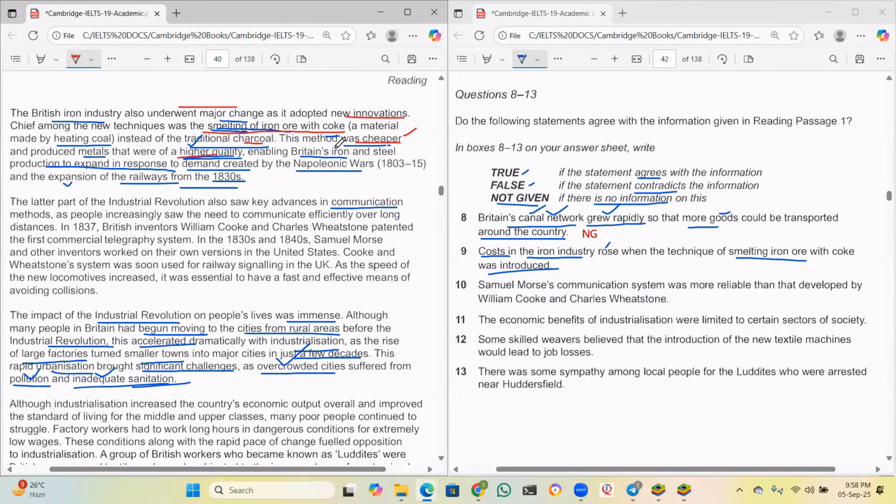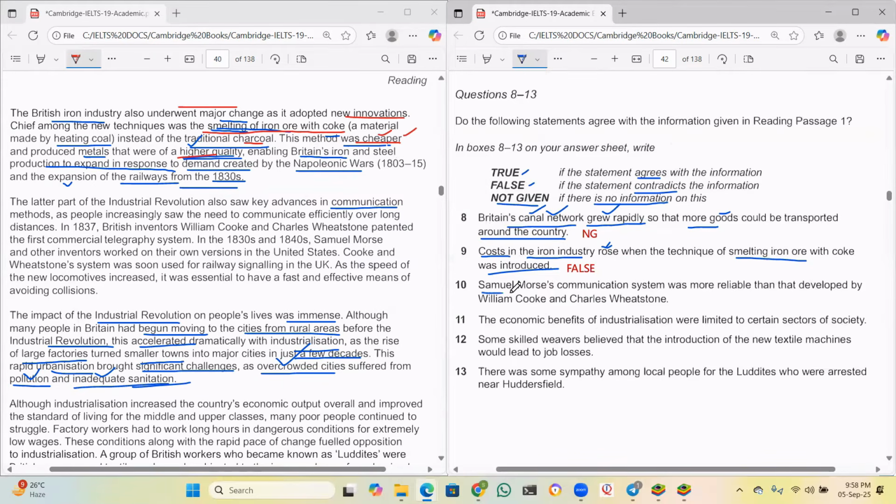Okay. In the passage, he says this is a cheaper method, but he says costs in the iron industry rose when the technique of smelting iron was introduced. So what is the answer, guys? It is exactly the opposite meaning, right? The statement is contradicting. So what is our answer? It should be false, right? Okay, done. This is false.